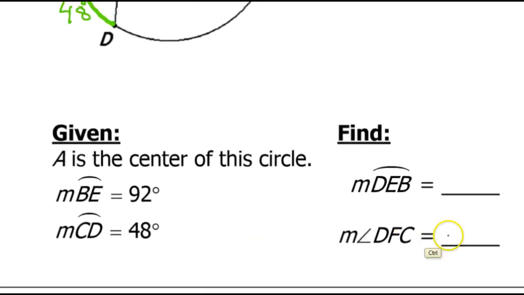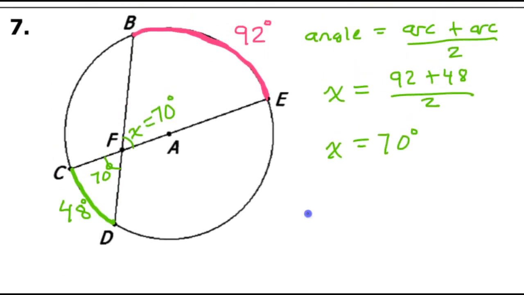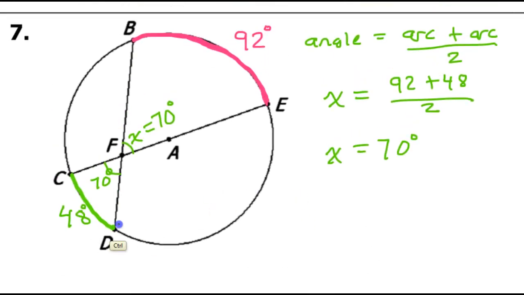So angle DFC is 70 degrees. They also want me to find the measure of arc DEB. Okay, DEB would be the arc that went all the way around like this, from D through E and back to B. So let me come back to that for a second.